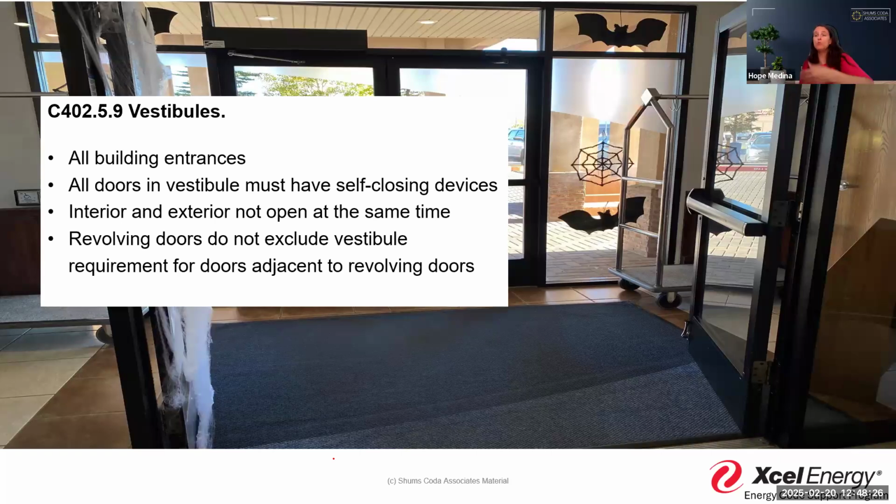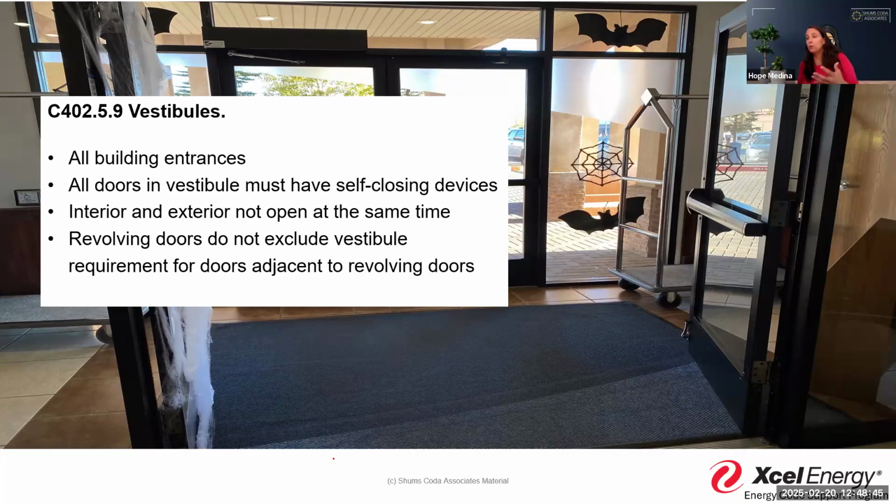Well, obviously these 2 doors in a very large hotel or a very large multifamily project isn't going to be enough. So we have to have additional doors. And what this is saying is it's only the doors that are intended to get them into the structure and not out of the structure that are required to have vestibules.